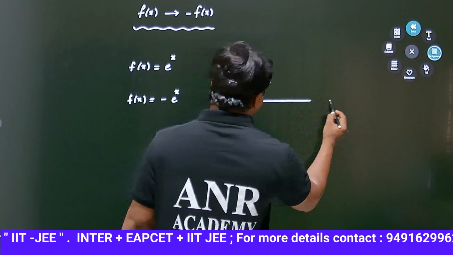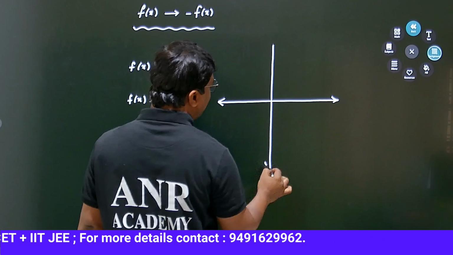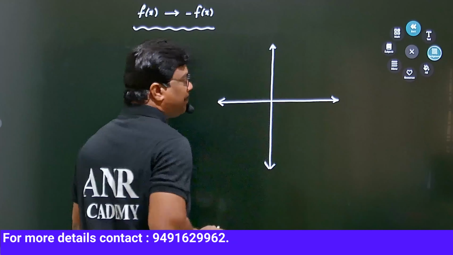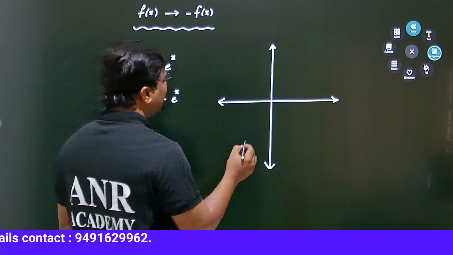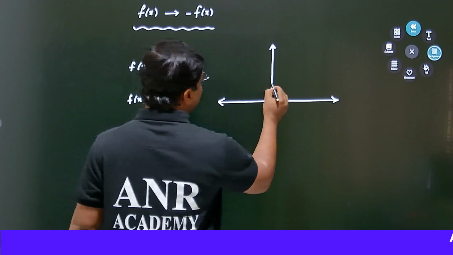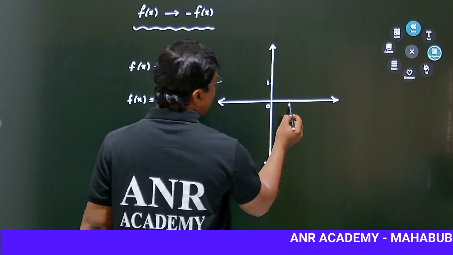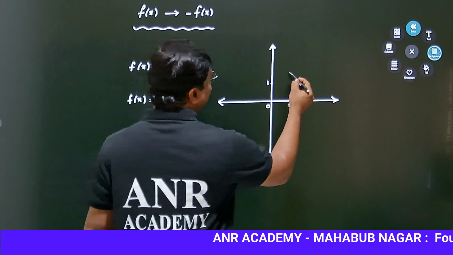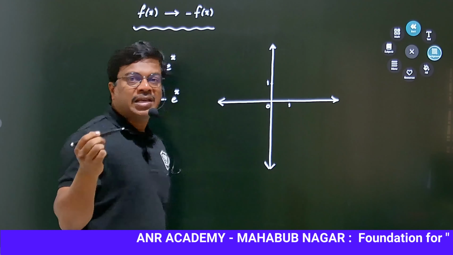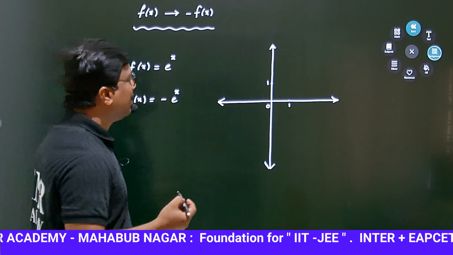In the Cartesian coordinate system, I am going to draw the graph of e power x. Suppose if the input is 0, then e power 0 value becomes 1. Next, if you give input 1, e power 1 becomes e. You know that e is Euler's number, approximately 2.718.